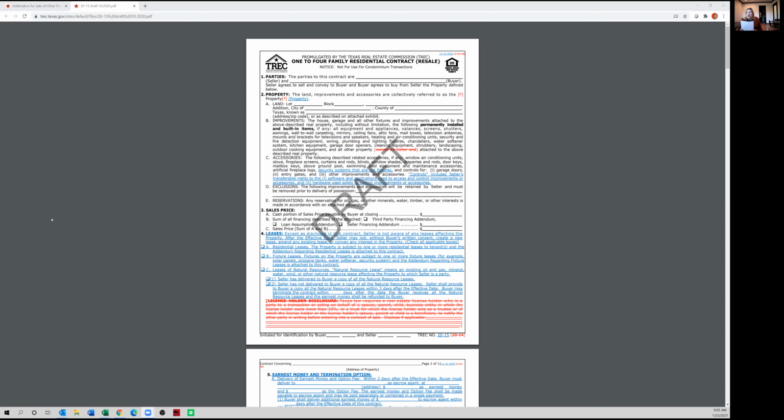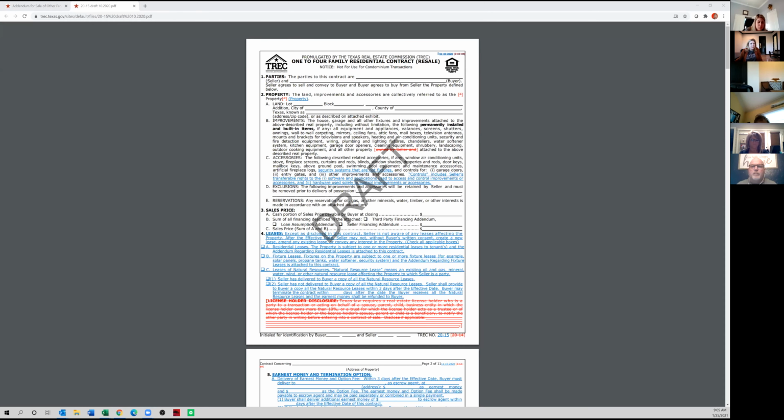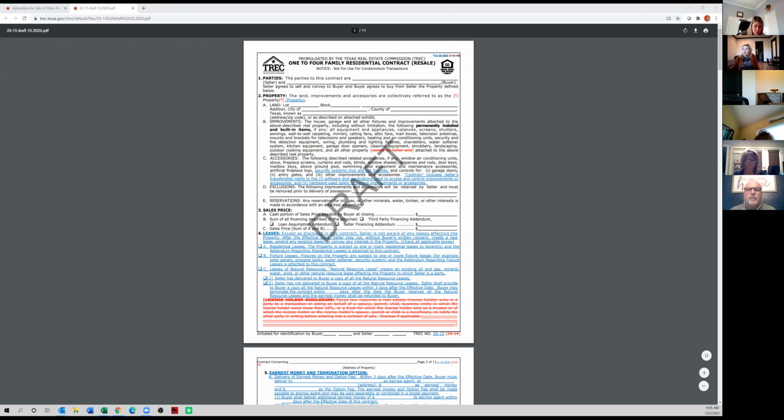Okay. Starting at the top on the 1 to 4 family residential contract, you'll see these dates up in the top. I don't know if y'all can see where I'm highlighting, hopefully, yes. Up in the top right-hand corner, it's going to have the new date for 11/10/2020. The old form date was 2/12/18.